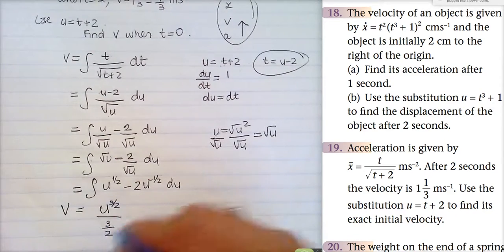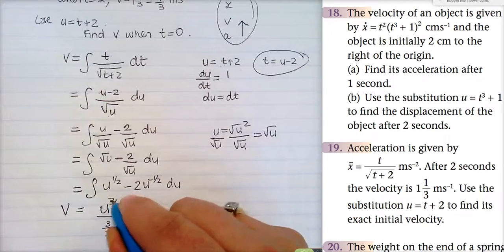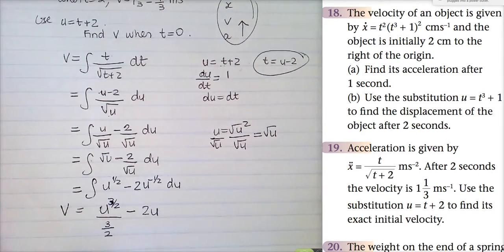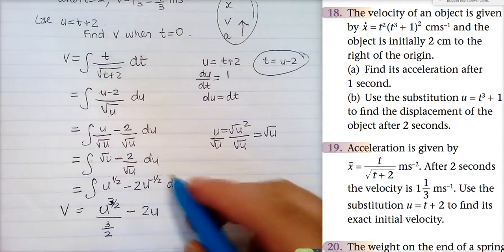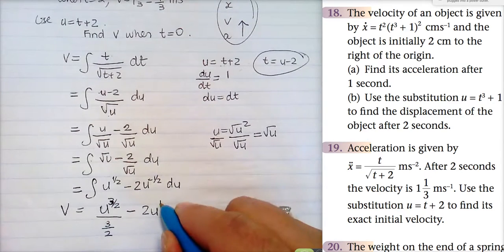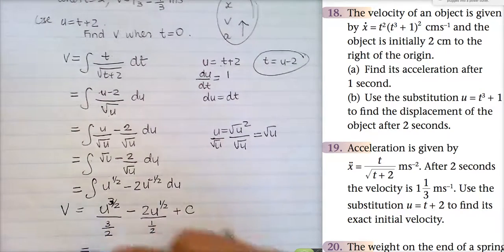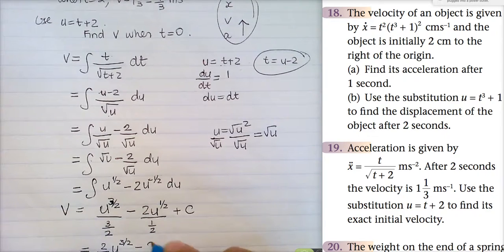Well, we'll just divide it because a few people did the wrong thing in the last exam. Minus 2, what's u to the negative a half plus 1? Over a half plus c. Next row, it's 2/3 u to the 3 over 2 minus 2 u to the half plus c.